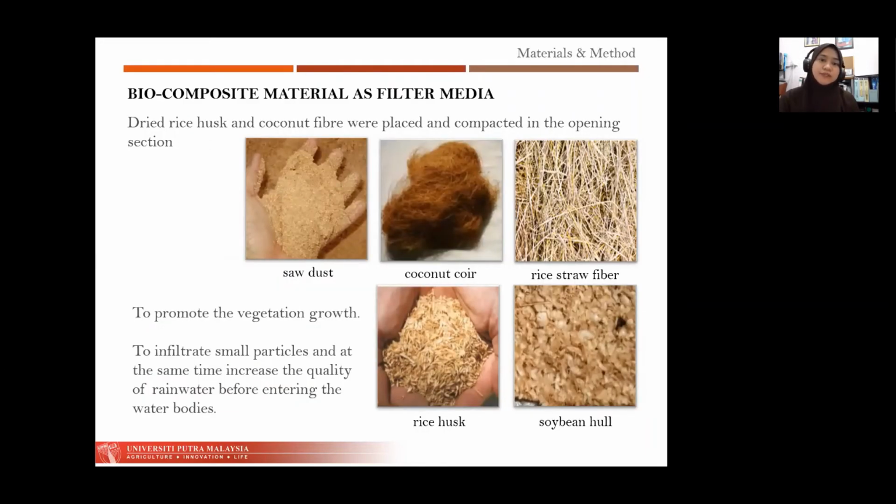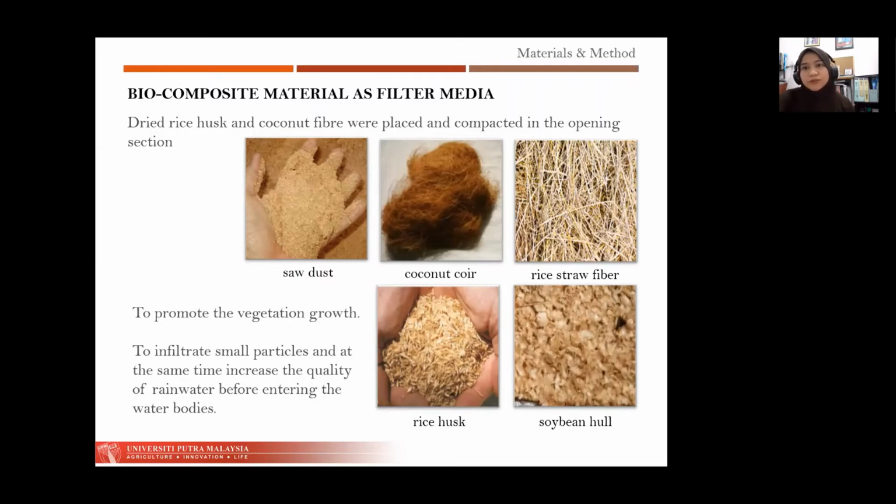Now we move to the biocomposite material as a filter media. A filter media is anything that is placed in a filter and may change the quality of water flowing through it. With the variety of media available, specific types can be chosen to create the optimum environment. In our case, we propose four biocomposite materials, which are coconut coir, rice husk, rice straw fiber, and soybean hull.